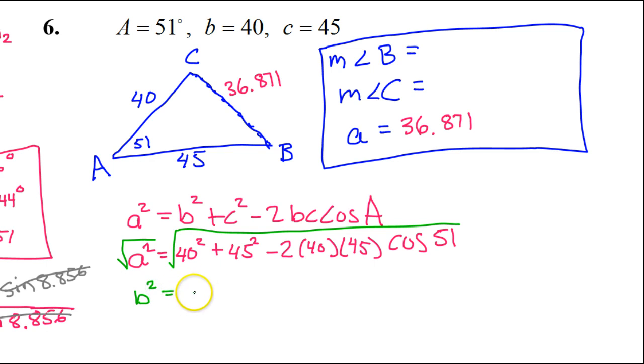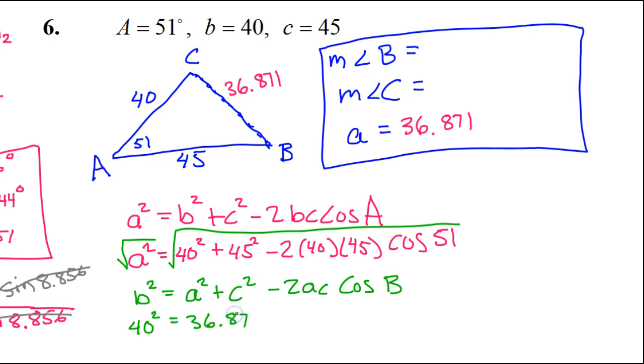So B squared is equal to A squared plus C squared minus 2AC cosine of angle B. Okay, so that means I'm going to have 40 squared right here is equal to A squared, so I'm doing 36.871 squared plus C squared, so that's 45 squared, minus 2 times 36.871 times 45 cosine of angle B.